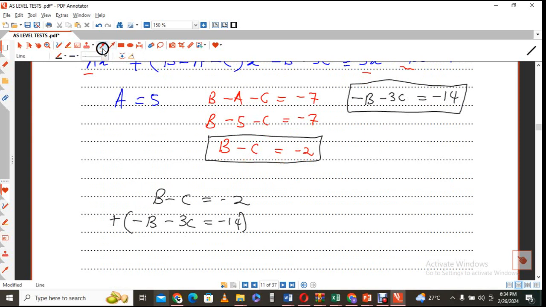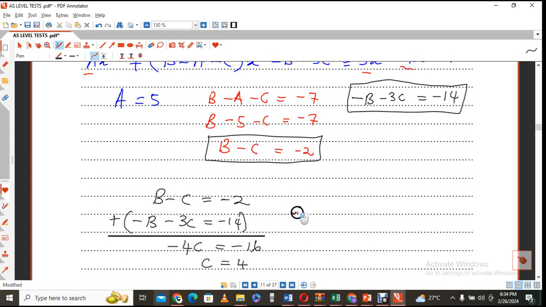If you were to add these two equations, that leaves you with the b's cancelling. Then you have negative c plus negative 3c, that's negative 4c over here. You have negative 2 going further to negative 14, that is negative 16. I think it's evident from this answer that the value of c will be positive 4, if you were to divide throughout by negative 4.